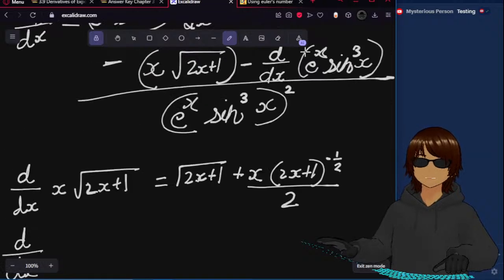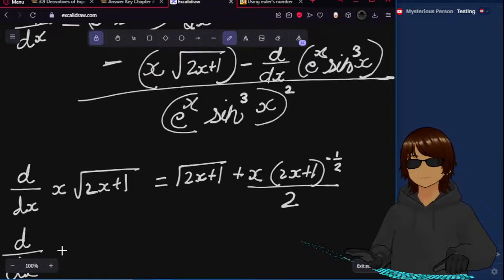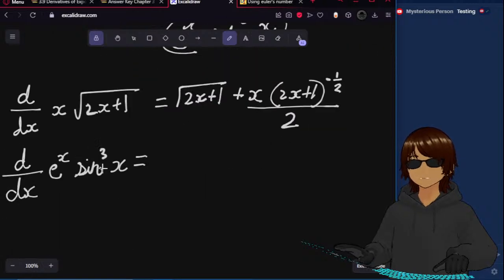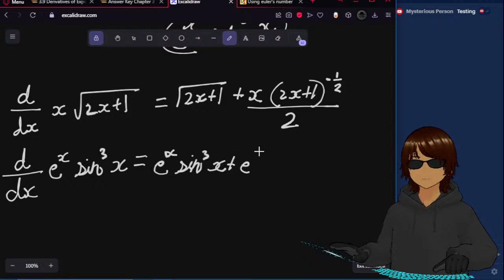And then find the derivative of this. Derivative of the first times the second plus the first times the derivative of the second.